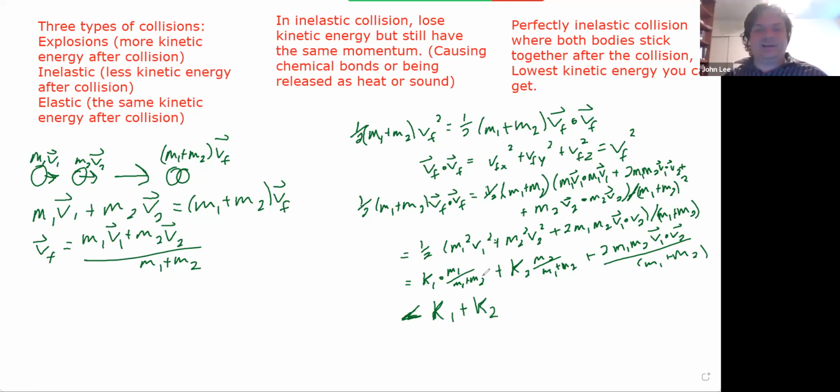Because M1 divided by M1 plus M2 is going to be less than 1, so it's some value less than 1 times the initial kinetic energy of 1, plus some value less than 1 times the initial kinetic energy of 2. The only sticking point is going to be the 2 M1 M2 times V1 dot V2 over M1 plus M2.